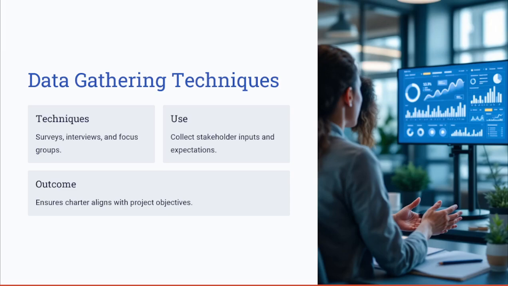As an outcome, you can ensure that the project charter aligns with the project objectives and the stakeholder needs. That will ensure that the project managers understand the stakeholder needs, and these insights are critical for drafting a project charter that reflects the project objectives accurately.